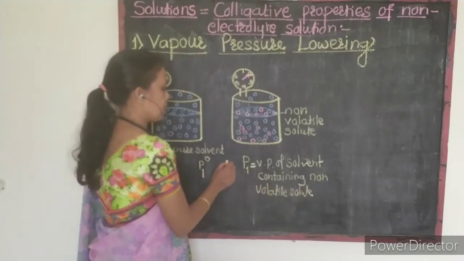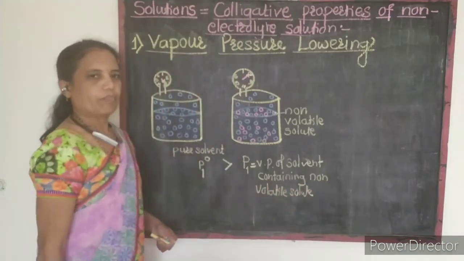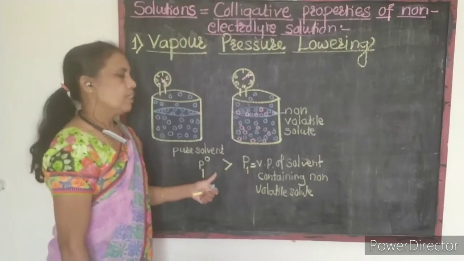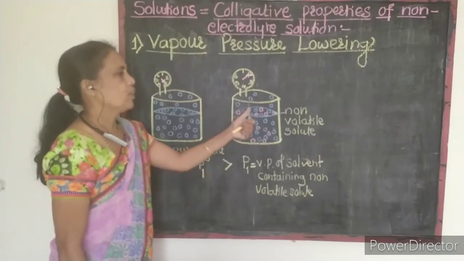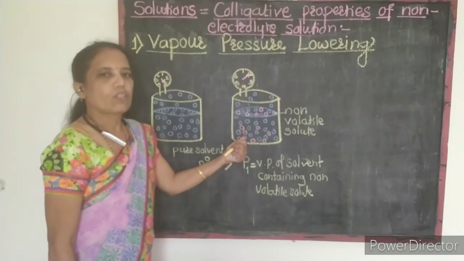Here P1 is less than P10. P1 is less than P10 due to the addition of non-volatile solute in the solution.